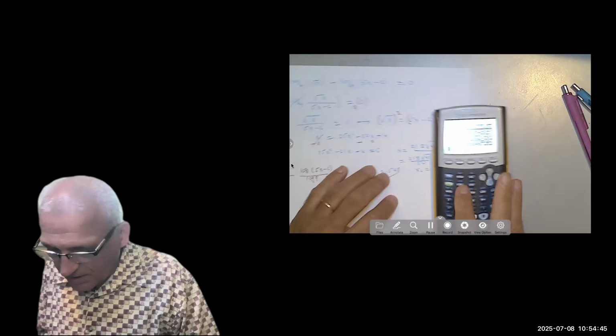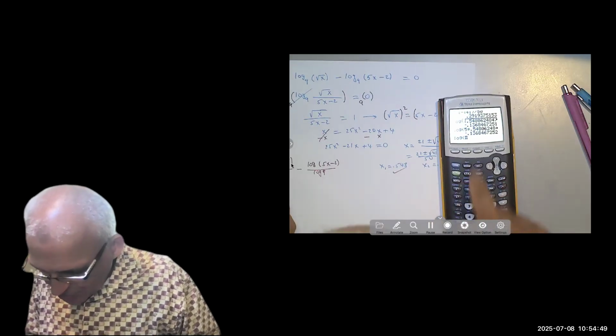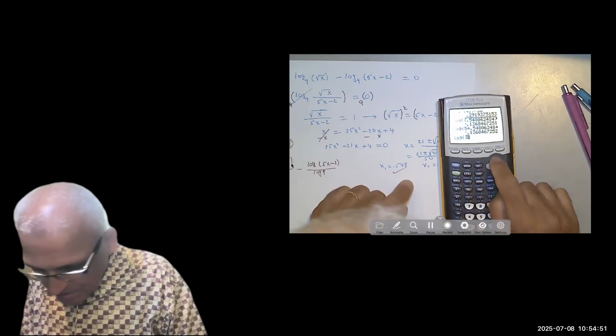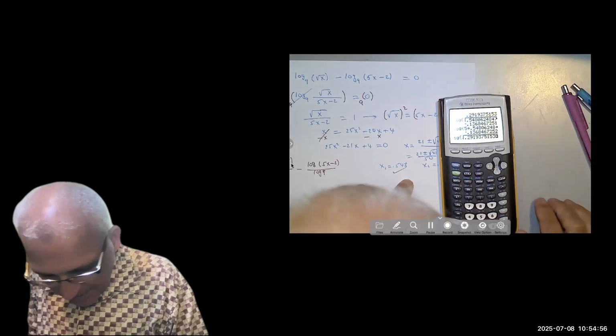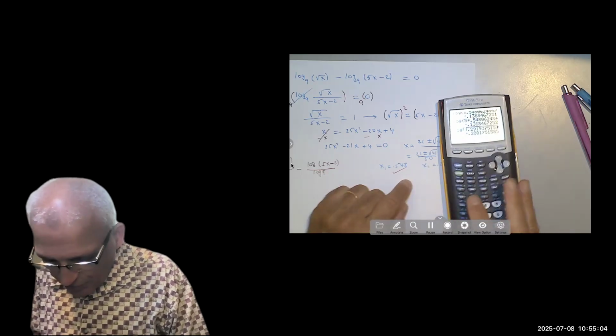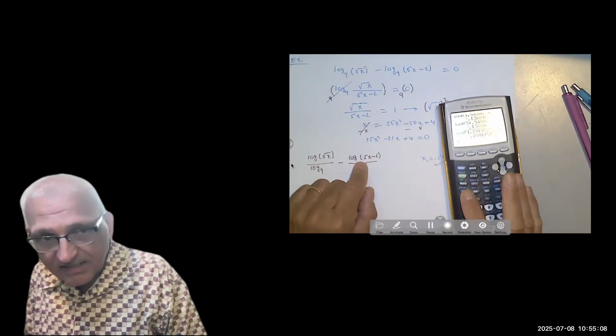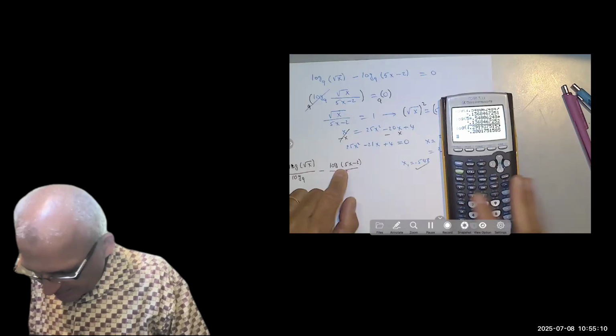Let's check the other one. So I'm going to say log square root of this guy, which is 0.2919, over log 9, and I got negative 0.28. Let's go to the right-hand side, or the second term, I meant.